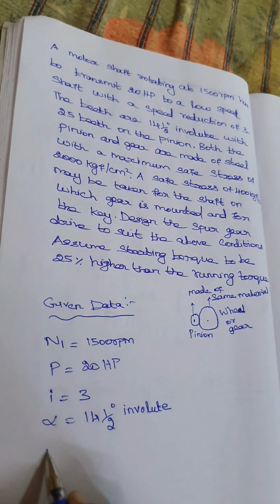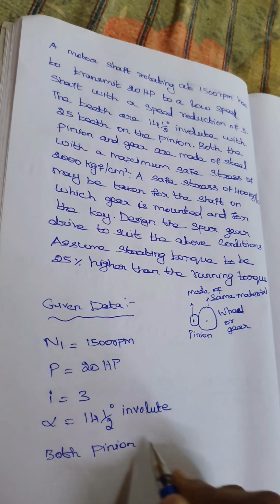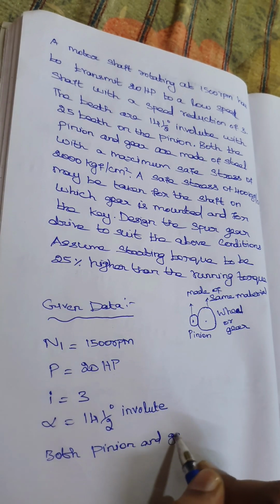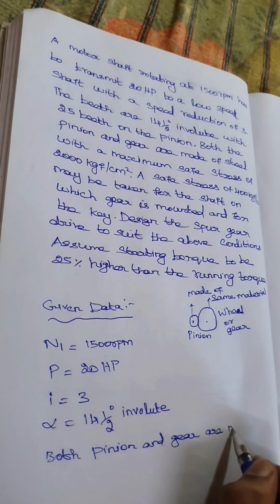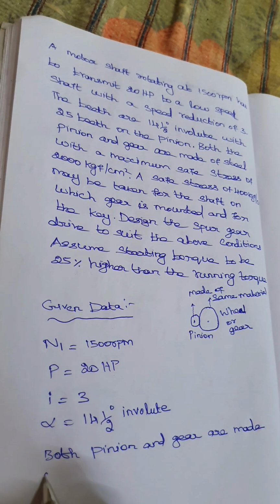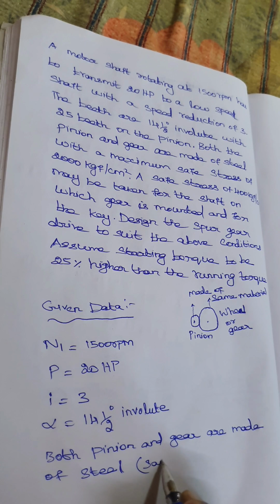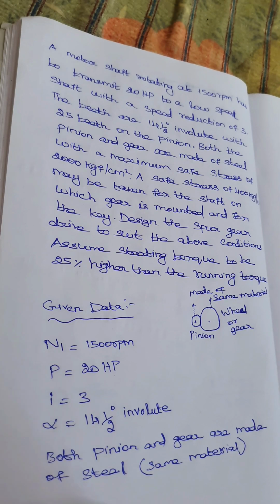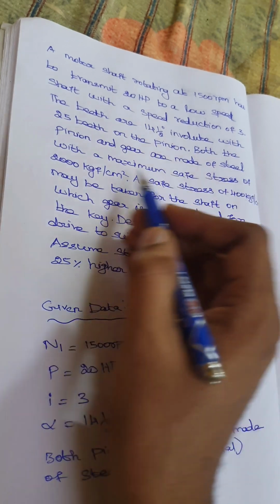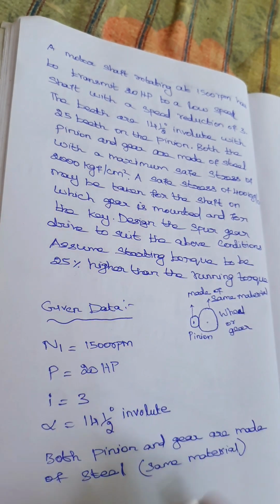So both pinion and gear are made of the same material, steel. And the safe stress for that is 2000 kilogram force per centimeter square.